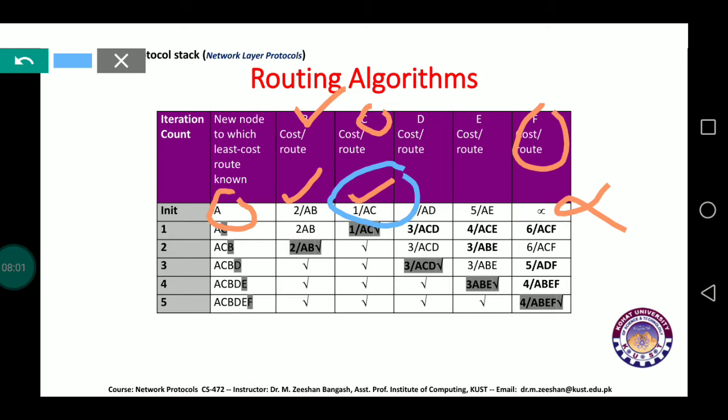Similarly, if you look at this AC, the different costs are shown for reaching multiple nodes, because every node is connected to at least every other node directly or indirectly. So this shows a routing table in which the cost of the link from one node to another node is shown.